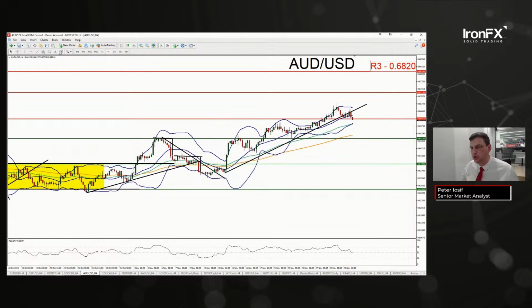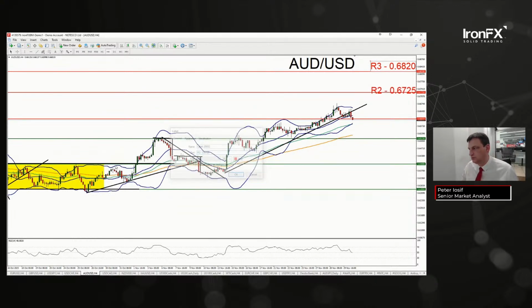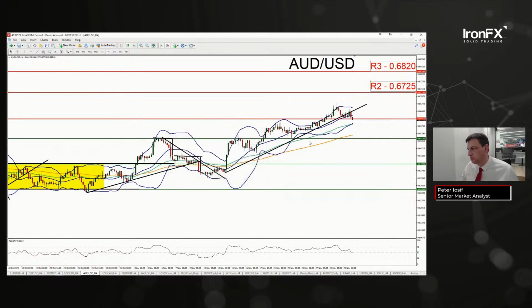Placing the second support line at 0.6725. Minor adjustment of 0.1 pips is required here. No adjustment required, actually. It was correct from the beginning.